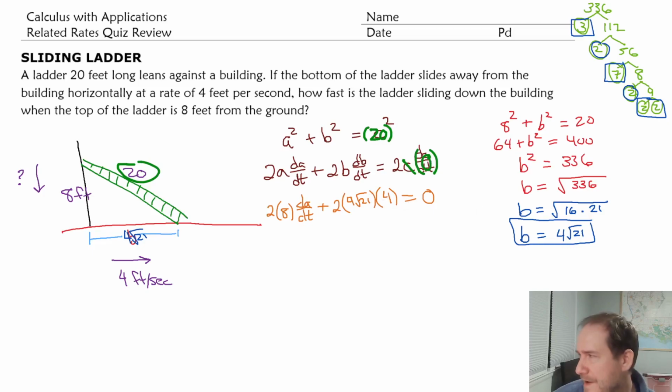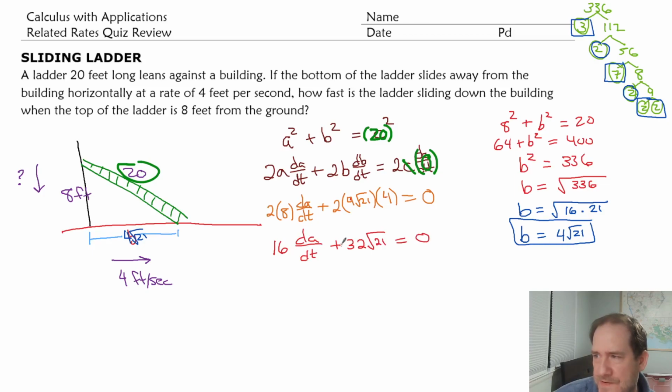Alright, but however you get there, I hope we all agree that where we are is where we're supposed to be. I'm looking at 16 times dA/dt. And I'm adding to that, let's see, 4 times 4 is 16, 16 doubled is 32 root 21. And that equals 0. So to solve for dA/dt, I'll just subtract the 32 root 21.